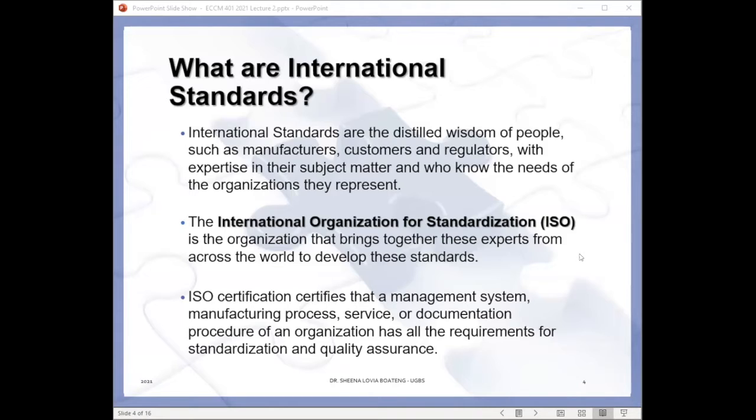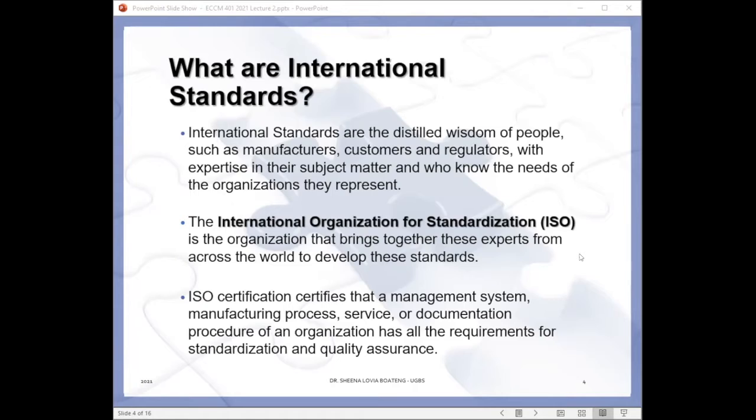So these experts come together and they draw up what we refer to as standards or best practices that relate to the specific areas in which they have this expertise. And the International Organization for Standardization is one of those organizations, in fact, the foremost organization currently in the world that brings together all these experts from different parts of the world to develop specific standards to guide organizations in the performance of their business activities, be it to offer a product or service.